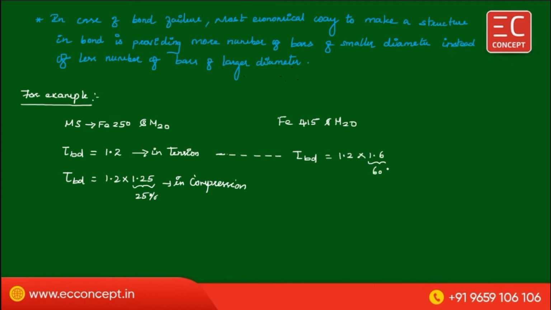This is 60%. Now the same bar which was used in compression, therefore tau BD is equal to 1.2 into 1.25, that is 25% for compression, into 1.6, that is 60% for deformed bar. So this is the value. So go through this, you will get an idea.